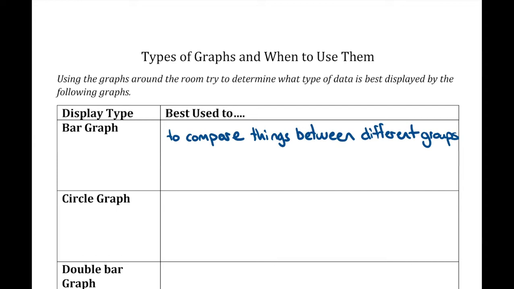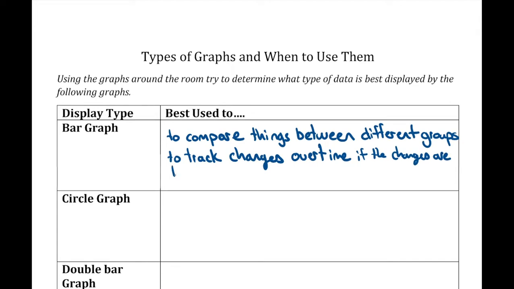It can also be used to track changes over time if the changes are large. So if we have large changes, then it's okay to use a bar graph to show that.